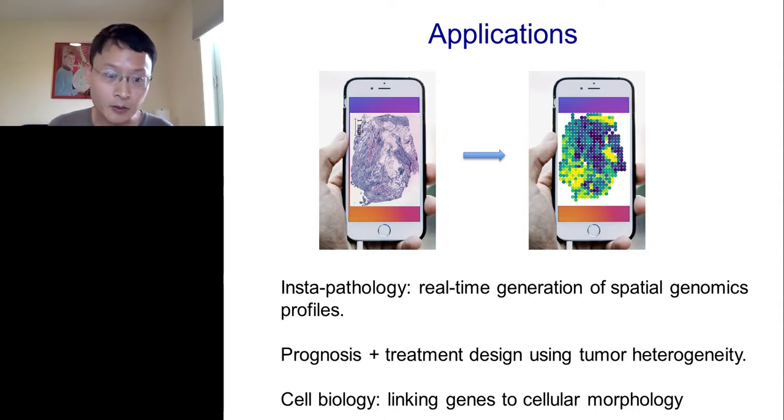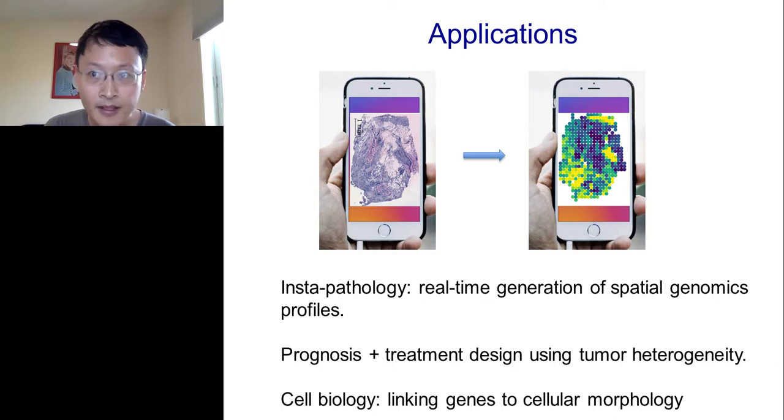This, I think, can greatly enable prognosis and treatment design, especially where tumor spatial heterogeneity is quite important. And as we've seen, it also opens up new hypotheses of how the expression of specific genes is linked to changes in cellular morphologies.